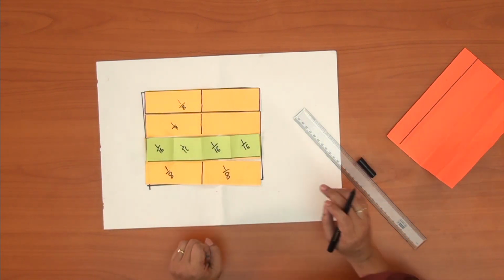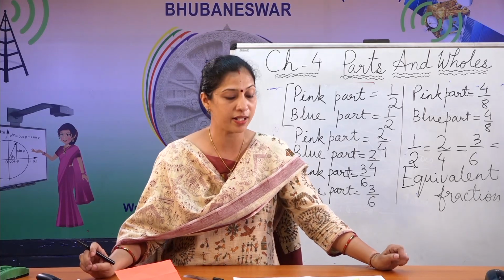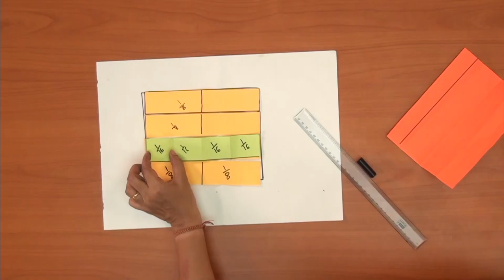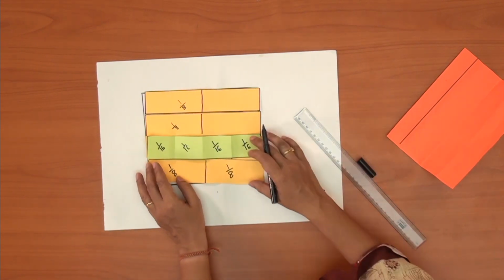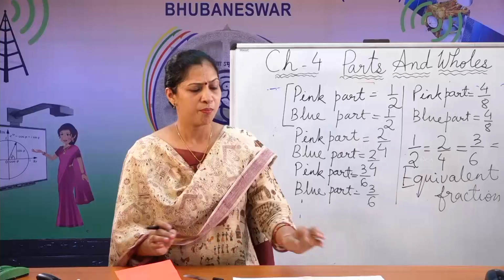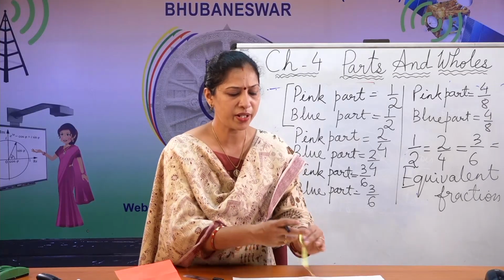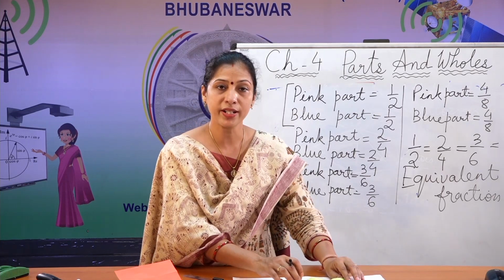Now can you tell which rectangle is green in color? Yes, 1/16th part of the rectangle is green because it is divided into further equal parts. You can find out by dividing it into different parts by just folding into equal parts. So children, did you understand now how to go about it?